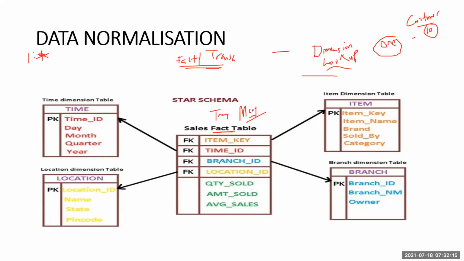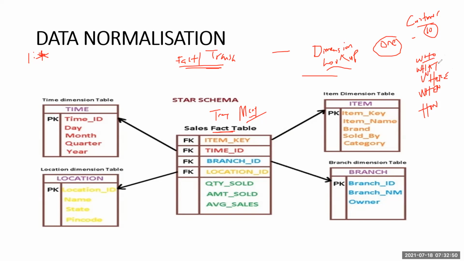And we have also seen that in asking your questions, you are asking: who, what, where, when, how. These are basic questions. If I'm asking who is buying, you are looking at your customer table.